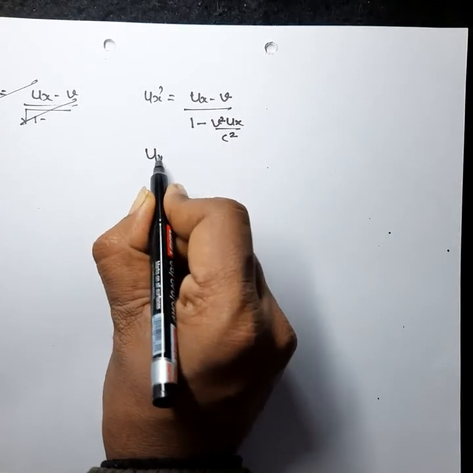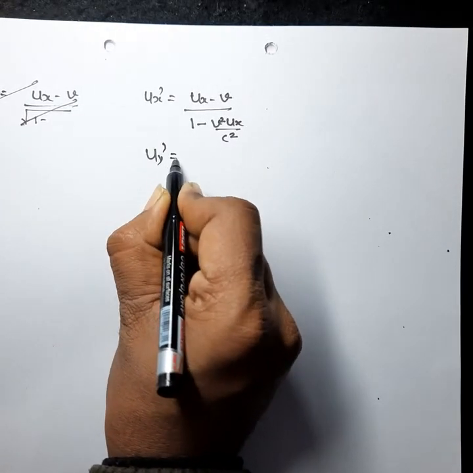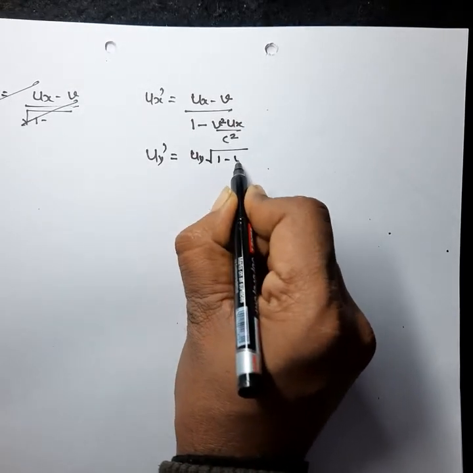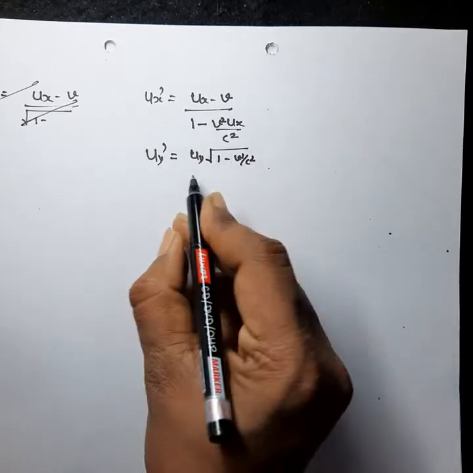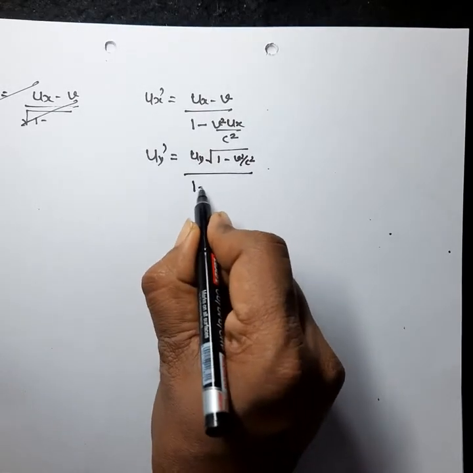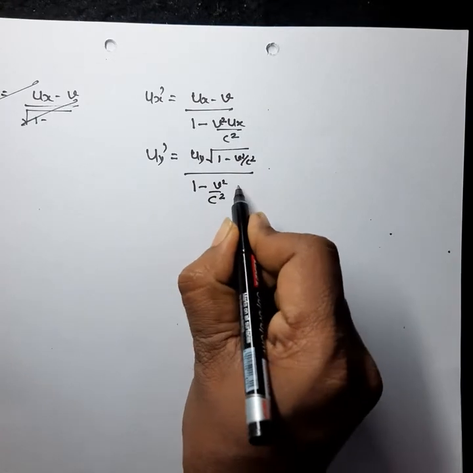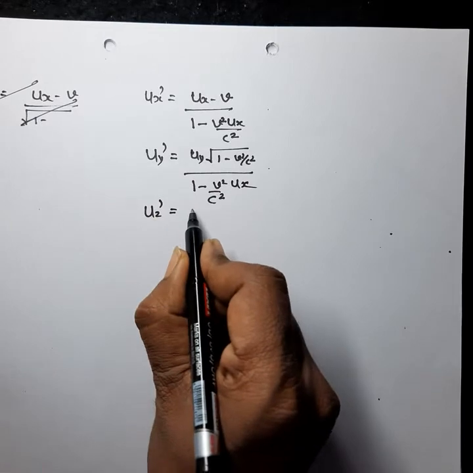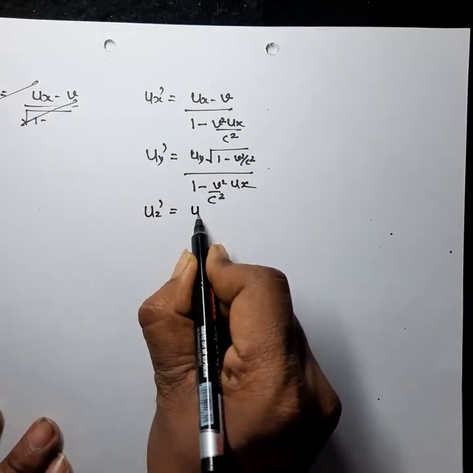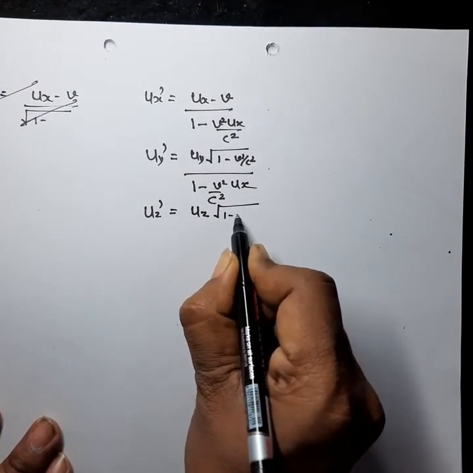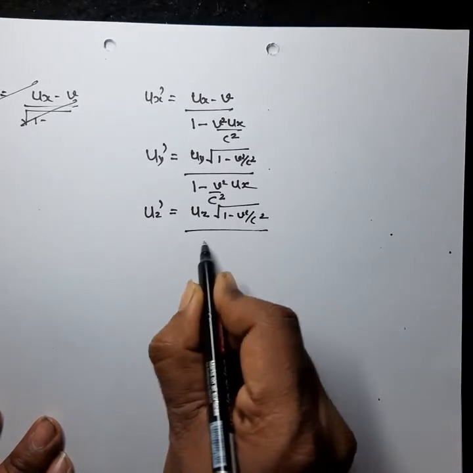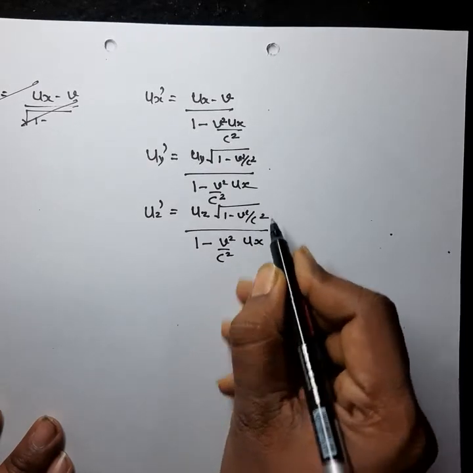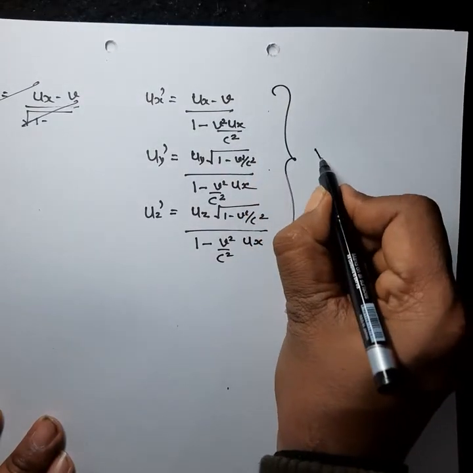Similarly we have obtained the expression for uy dash is equal to uy times square root of 1 minus v square by c square, divided by 1 minus v square by c square into ux. Similarly, uz dash is equal to uz times square root of 1 minus v square by c square, divided by 1 minus v square by c square ux. So these are the velocity addition rules.